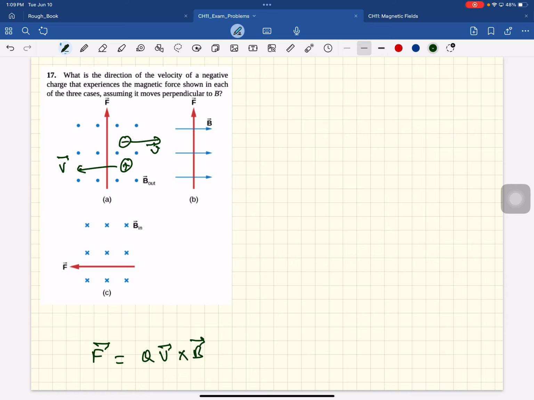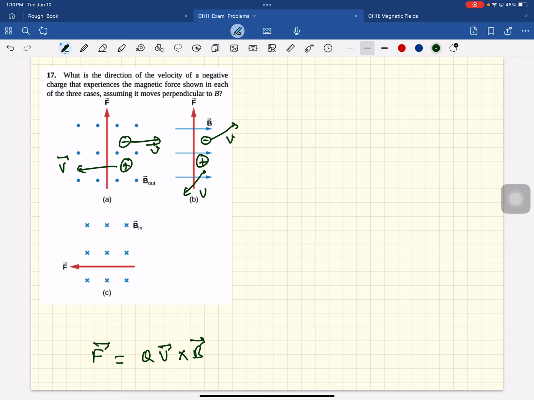All right, you want the force in this direction for part B. You want the force in that direction. V cross B. So for a positive charge, V should be coming out of the paper. V cross B will give you a force in that direction, and a negative charge needs to be moving in that direction.